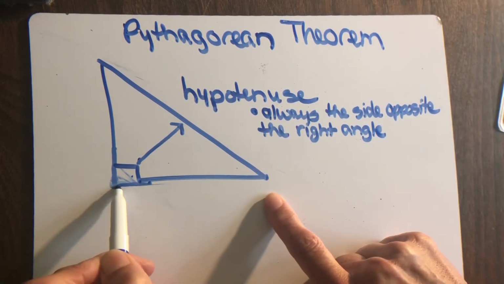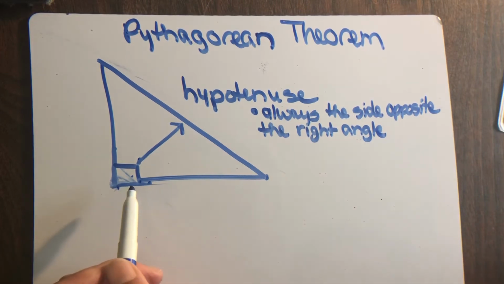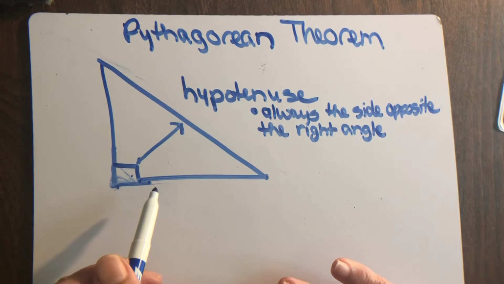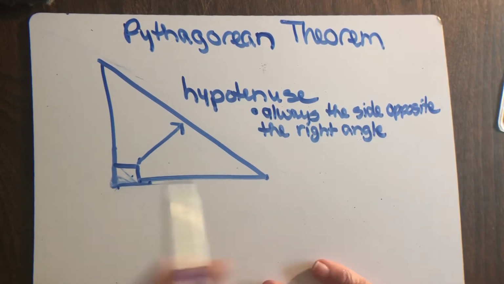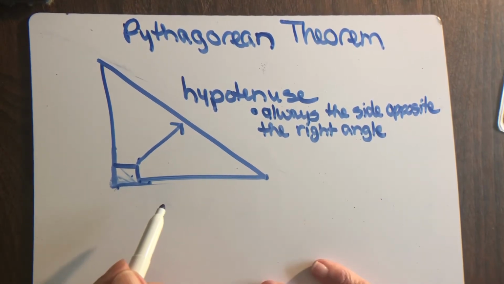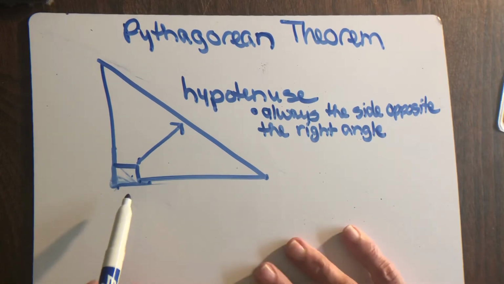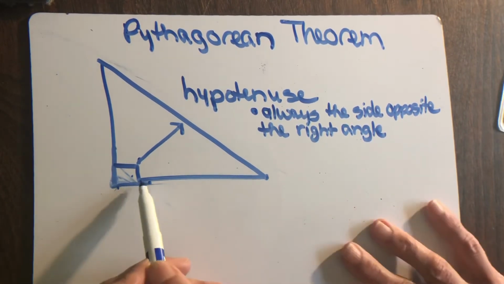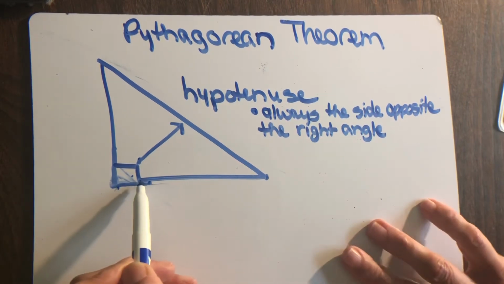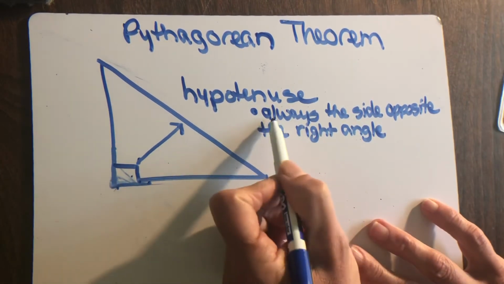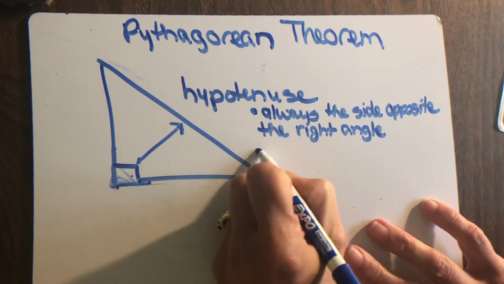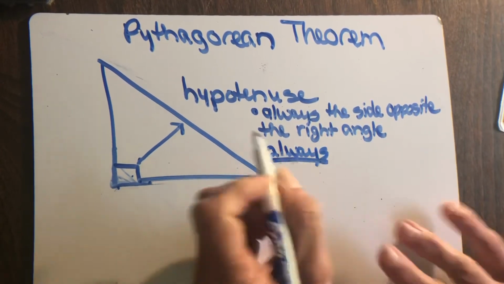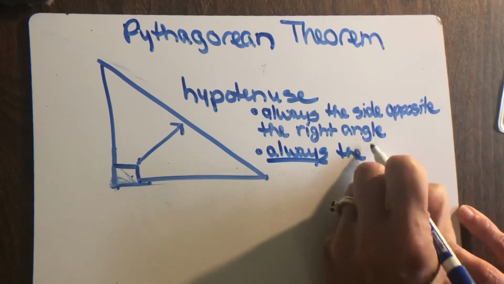No other types: no isosceles, scalene, equilateral. Well, I mean, they can actually overlap, but it could never be an equilateral triangle, because all the angles in an equilateral triangle are 60 degrees. Just make sure when we're talking about Pythagorean, you've got a right triangle. So the hypotenuse is always the side opposite the right angle. It is always the longest side of the triangle.